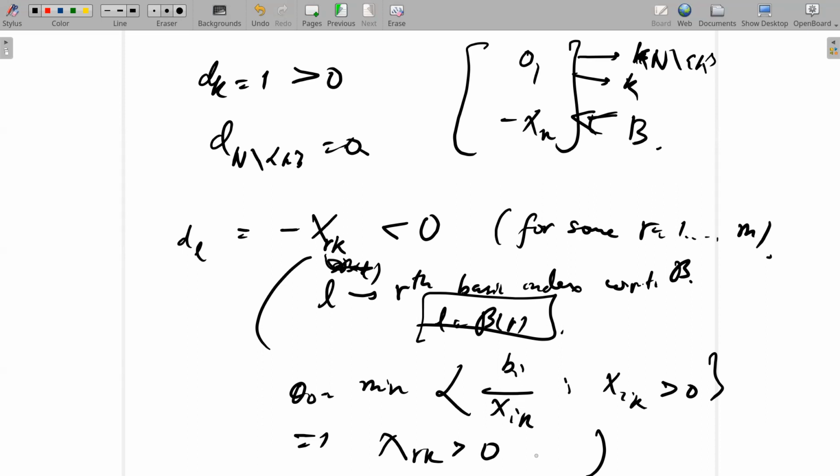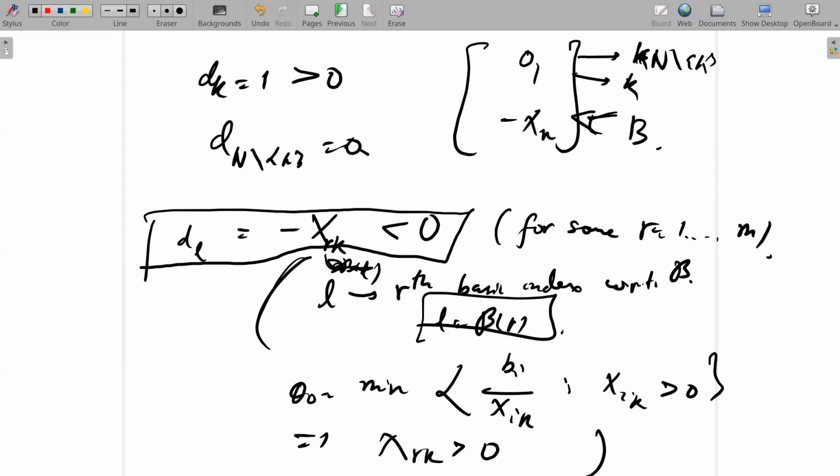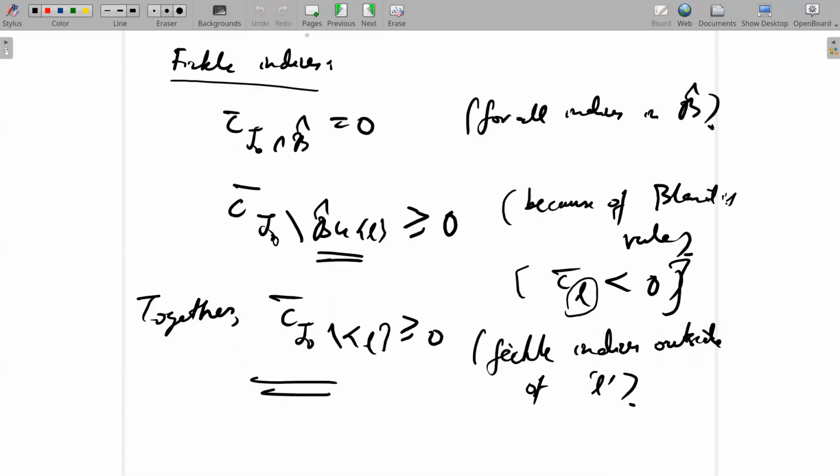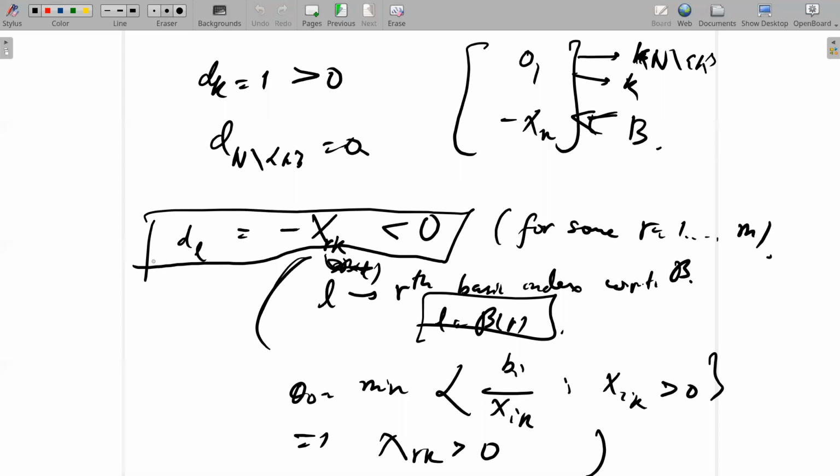The set was non-empty, so you're just choosing the entry xrk strictly bigger than 0. So dl, which is minus xrk, is strictly less than 0 because of this fact. Whatever I have written in parentheses is a justification of this. So this is strictly less than 0, and the strict inequality here is important.